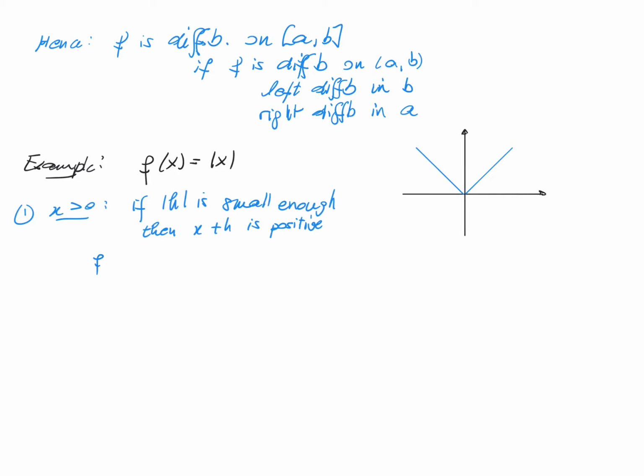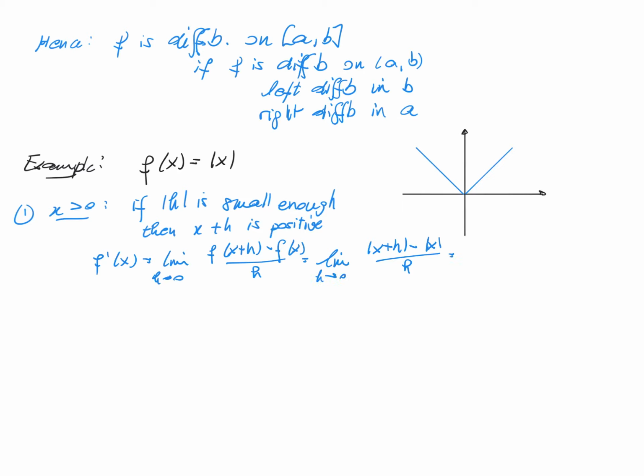If we then calculate the derivative, so f prime of x is the limit of f of x plus h minus f of x divided by h to 0. Here we see this is the limit of the absolute value of x plus h minus the absolute value of x divided by h towards 0.